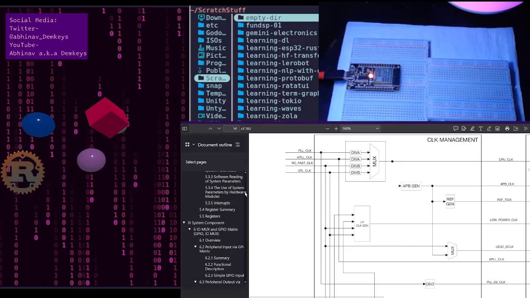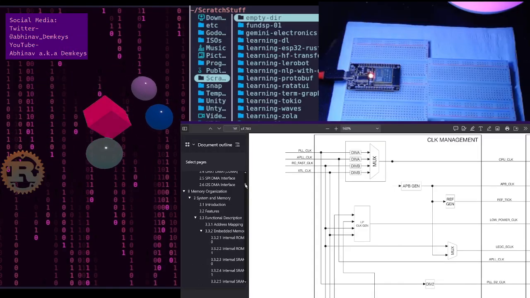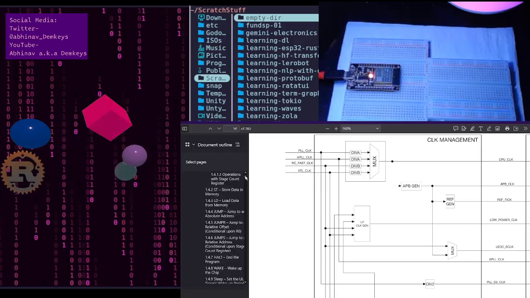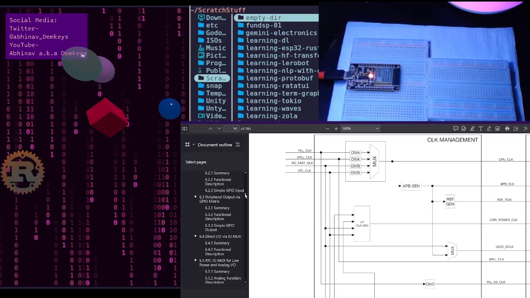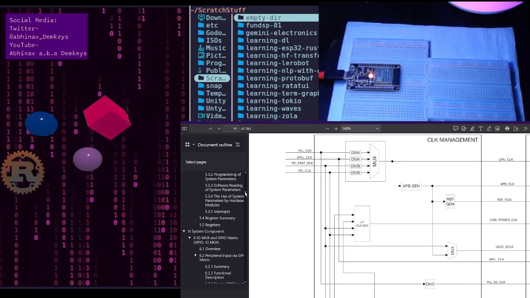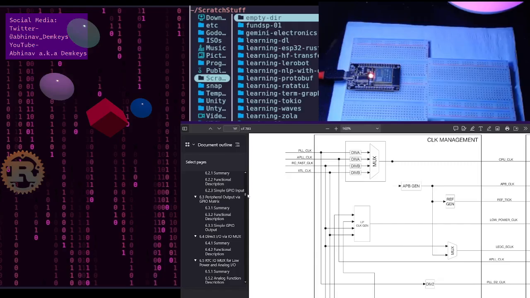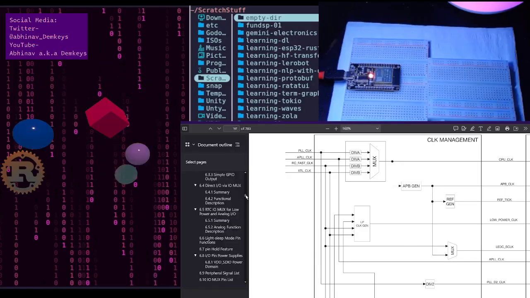Where's that scrolling thing? Oh, okay, I guess that's just their way of categorizing the various sections, the various topics.